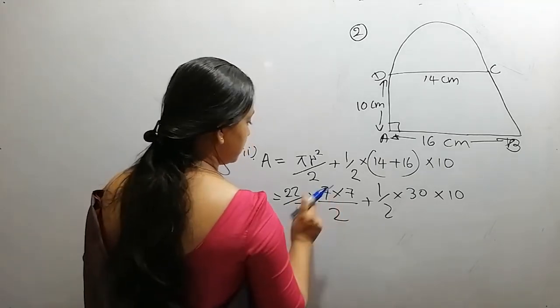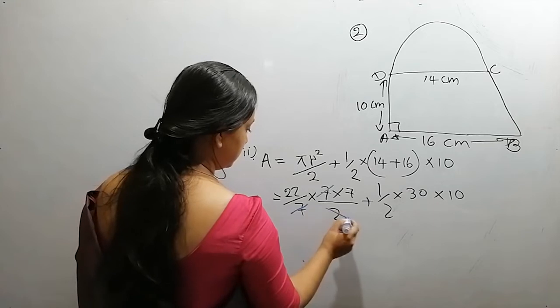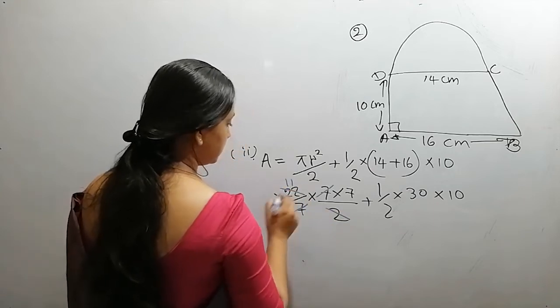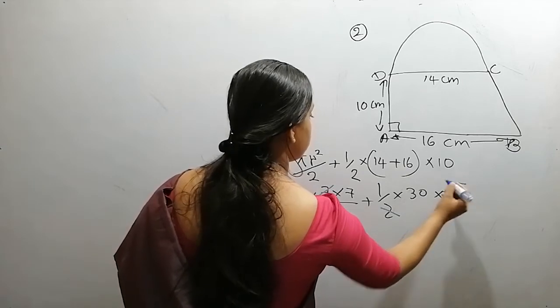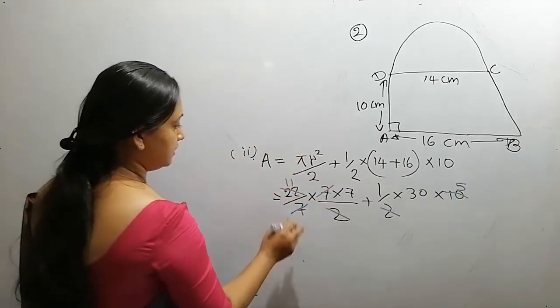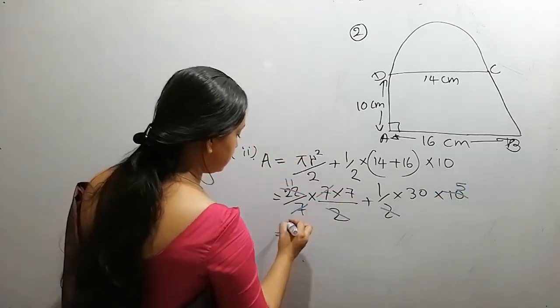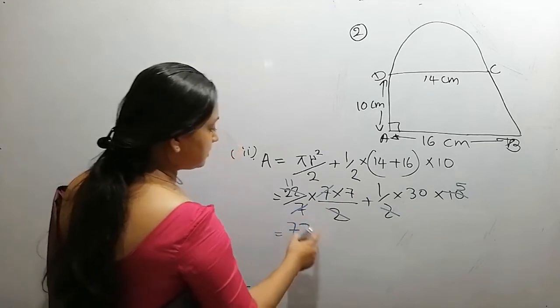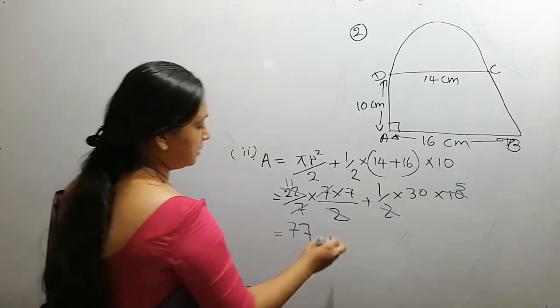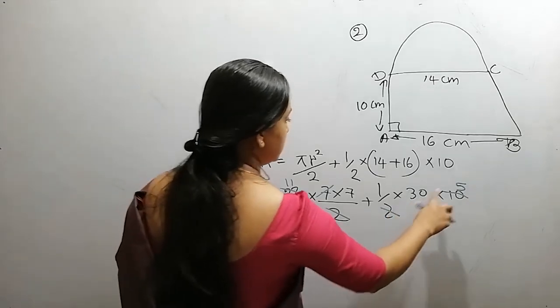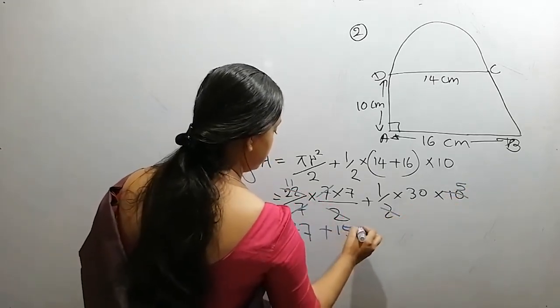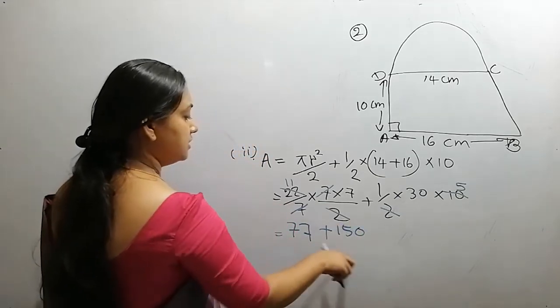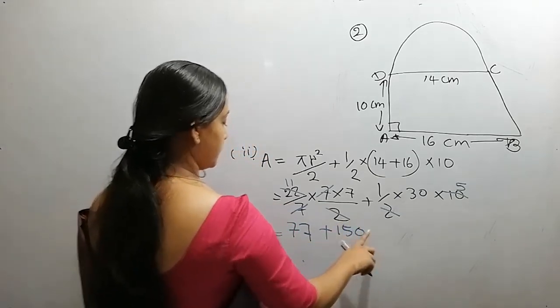Here 7 will be cancelled out, and here 2 will be cancelled out. 11, and here 2, here 5. Then 11 into 7 means 77. This is the area of the semicircular part, plus 30 into 5, 150. This is the area of the trapezium part.